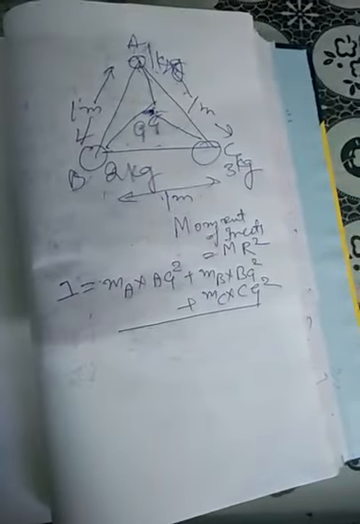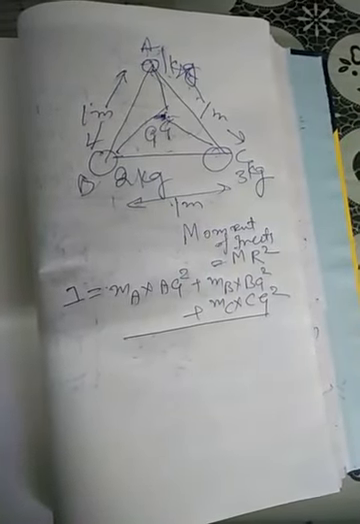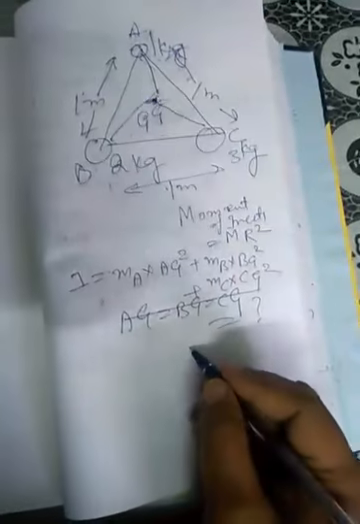That is how easily we can measure the moment of inertia. The main problem is how to get the distance from the axis of rotation, that is, to find the values of AG, BG and CG. How can we find them?